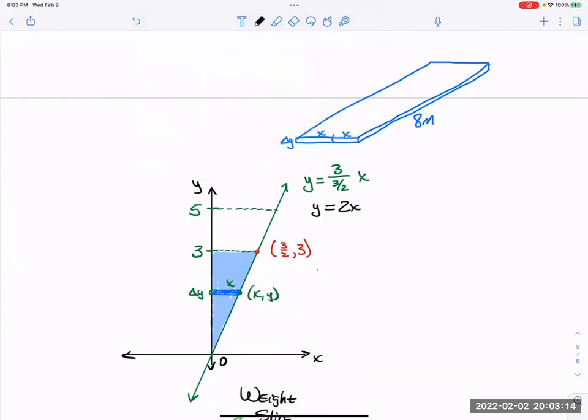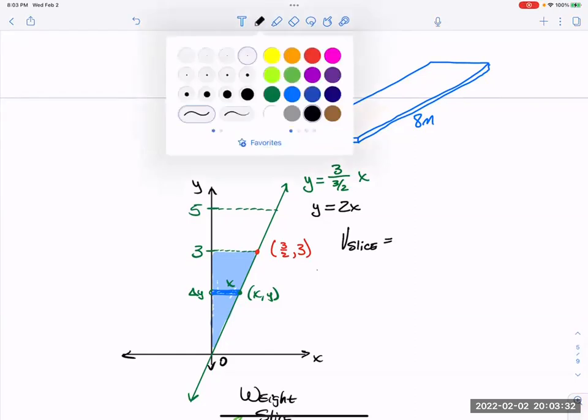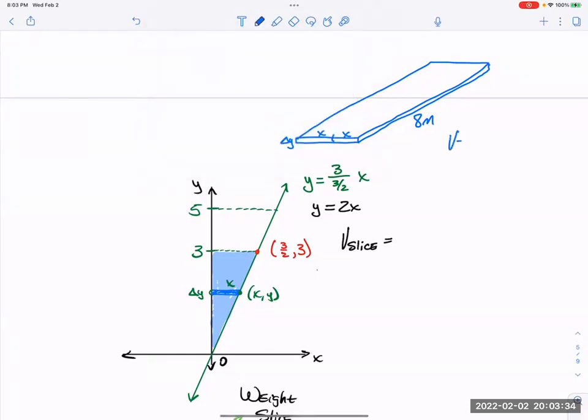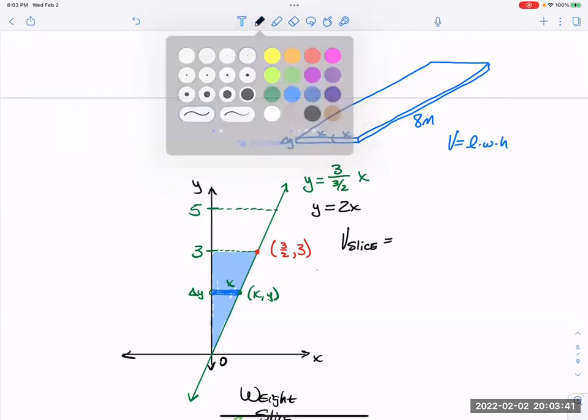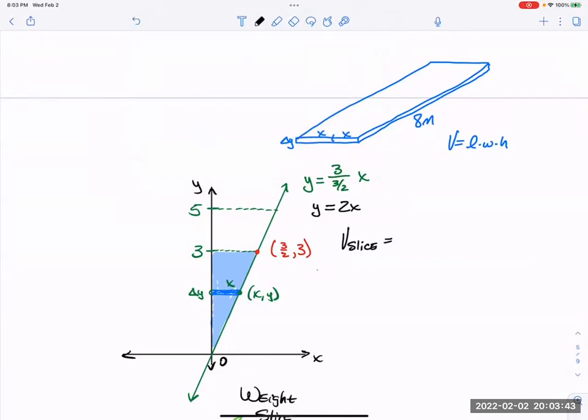We need to know the volume of this arbitrary slice. Remember, this is an arbitrary slice of that tank. We know that the volume is equal to the length times the width times the height. So the volume of the slice, we knew its length was 8 meters, just looking at it.